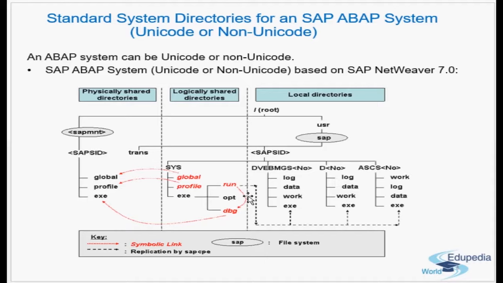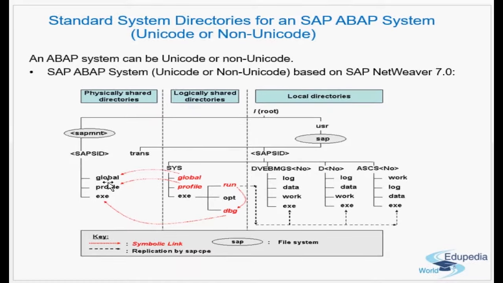You can check the directories and the contents by logging directly into the OS level. You can connect to the SAP system through Telnet and check them. However, from SAP, from AL11, you can also check them. Okay, so this is about the standard SAP system directories of an SAP system on a Unix platform.